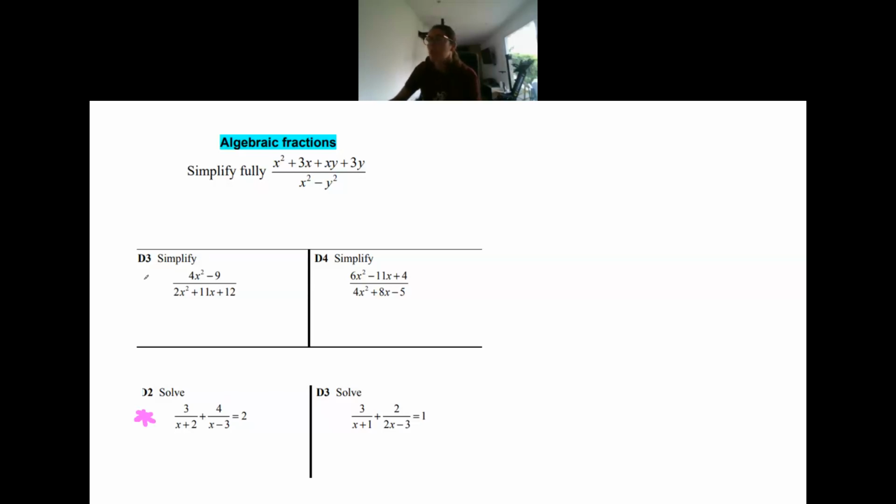So let's do it here. We factorise the top and factorise the bottom, so 2x plus 3 times 2x minus 3, that's a difference of 2 squares, because it's square, square, square. Factorise the bottom.